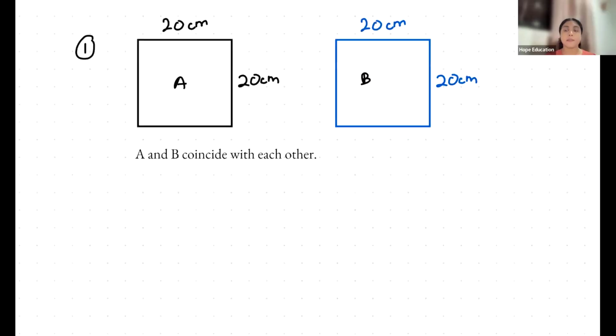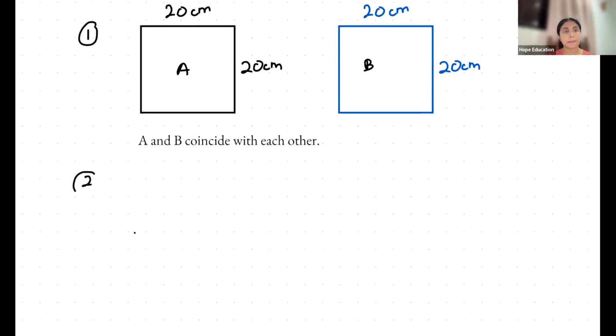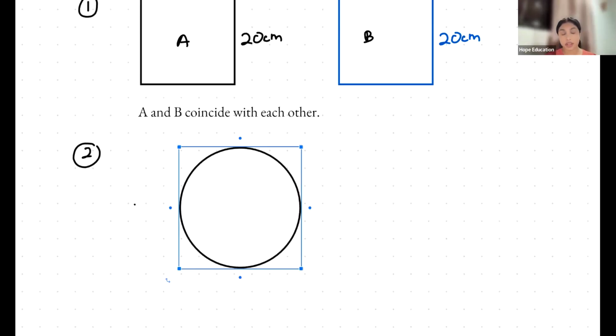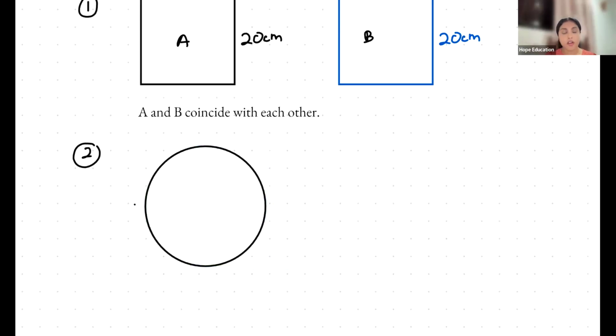Then let's take something else. So I have a circle of radius 5 centimeters.